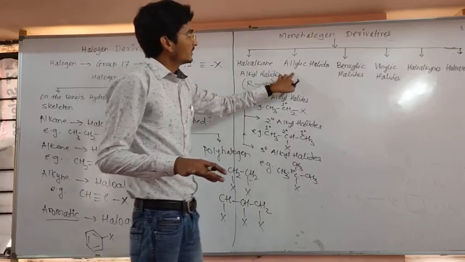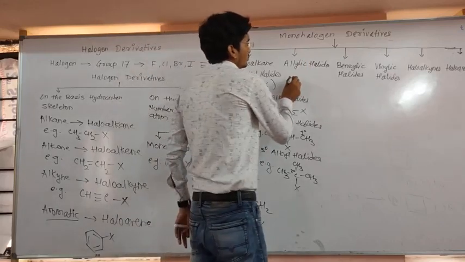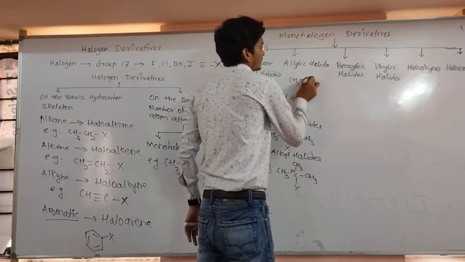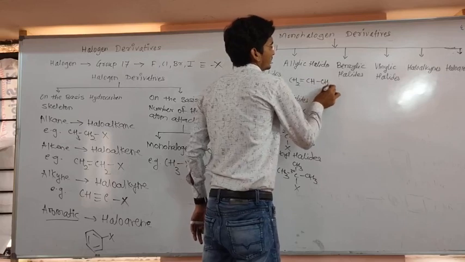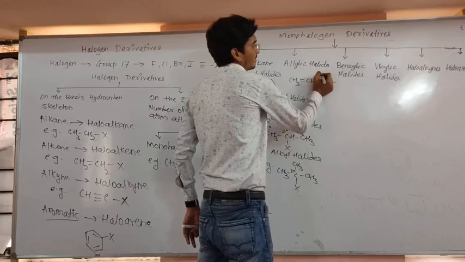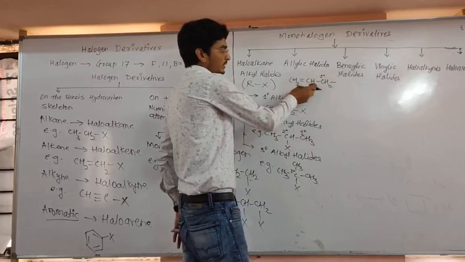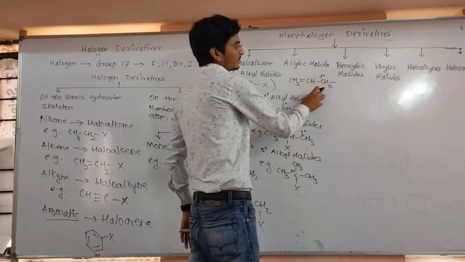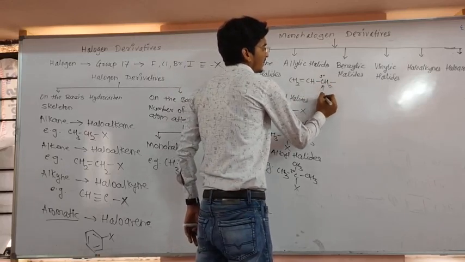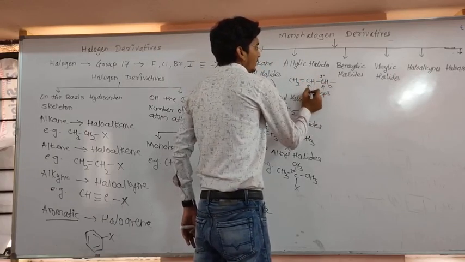Okay, so next type here, that is the allylic halides. So what is meant by allylic halides? First you should know the allylic group. Suppose this is the allylic carbon, or this is the primary carbon. This carbon is bonded with a double bonded carbon, a neighboring carbon, then such carbon is called allylic carbon. This carbon is sp3 hybridized, and the sp3 hybridized carbon is bonded with an sp2 hybridized carbon.